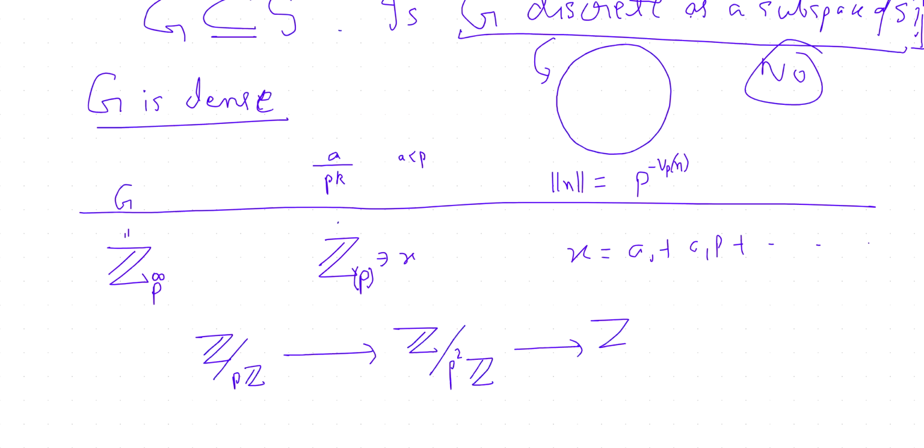So this is what we just saw today. This is multiplication by p every time, and then what we were doing earlier was this, which is the natural quotient. The direct limit is this and the inverse limit is this. It's coming from the same family of objects.